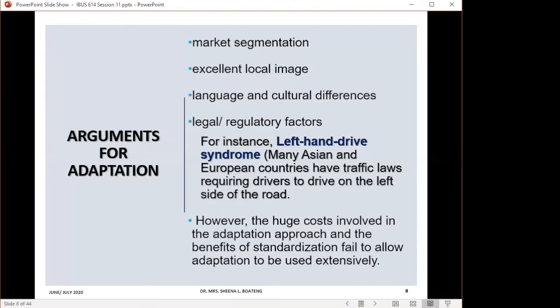And if you are a left-hand drive vehicle, you drive on the right side of the road. So the vehicles that we drive have the steering on the left, but we will drive on the right side, so that the driver would always be on the lane side of the road.